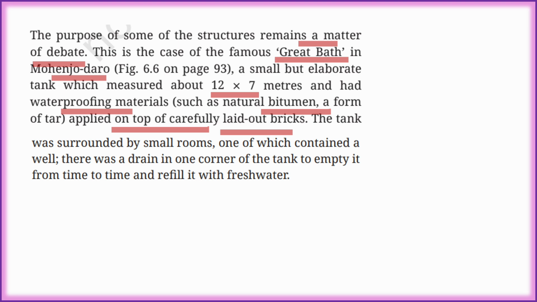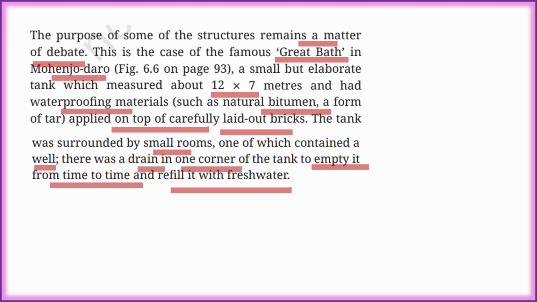The tank was surrounded by small rooms, one of which contained a well. So around the Great Bath, there were many small rooms. One of these rooms had a well. There was a drain in one corner of the tank to empty it from time to time and refill it with fresh water.